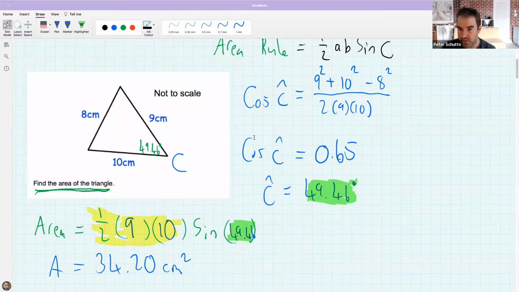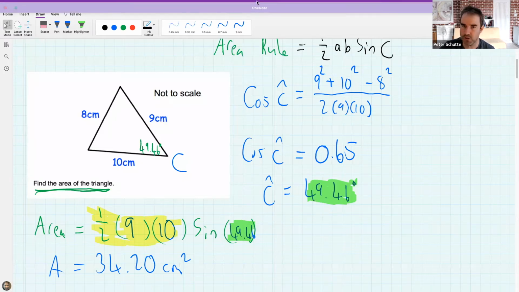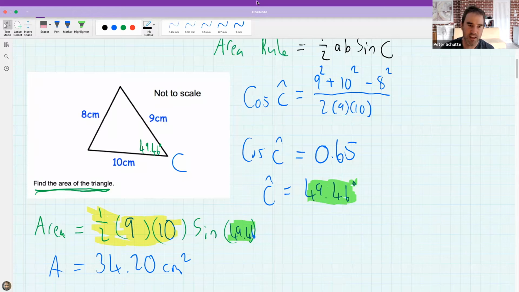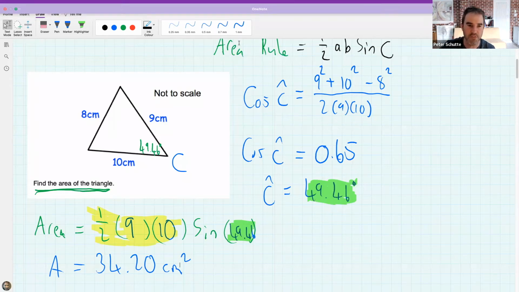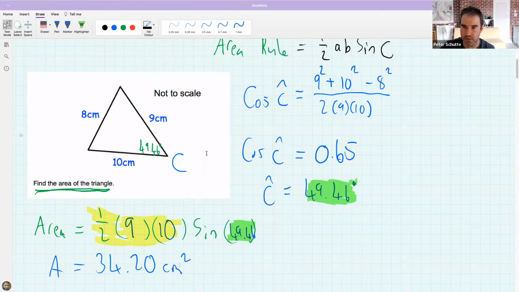So that was the beginning of what I call a compound question, where we had to use two rules in one question. Can we just do a quick thing in the class? If you understood this question, or you understand the answer now that you see it, give me a thumbs up. Whereas if you feel completely lost, give a thumbs down.